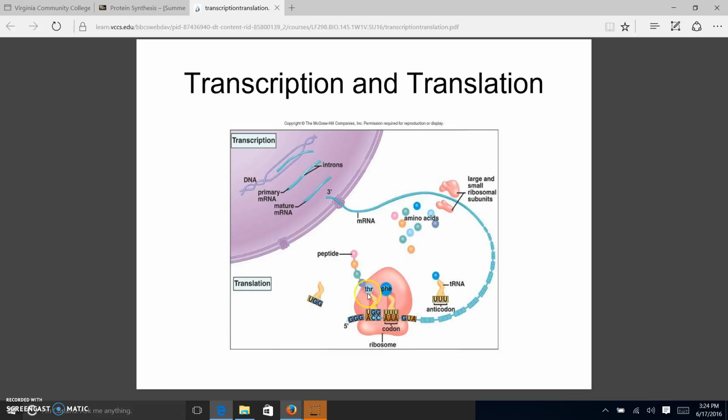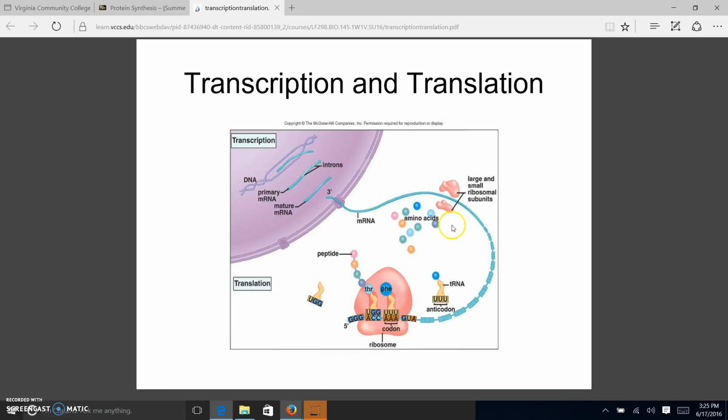Well, it only picks up threonine. Okay, so there's actually a chart that helps us figure this out, but I want you to notice from this picture what's going on. What that also means is that the codon AAA will only trigger the anticodon UUU, so it will only be specific for phenylalanine. The codon ACC, which triggers UGG because they are complementary to each other, will also be a code for threonine. Okay, so each of these is a code for a different amino acid, 20 different amino acids.